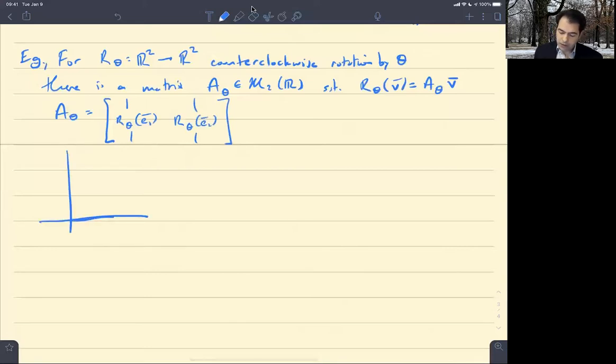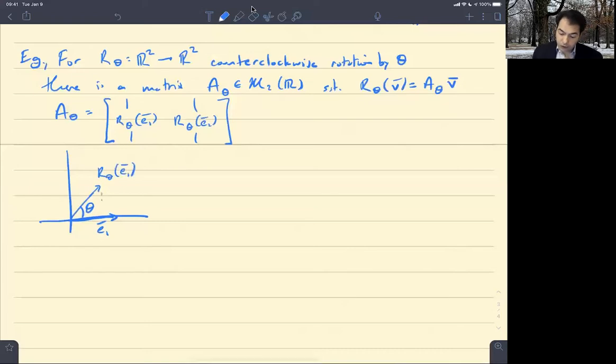So E1 is this vector, right? The 1, 0, so it's just a vector of length 1 along the x-axis. Now, I apply R theta, and I end up with a vector like this. So this is E1. This is R theta of E1.